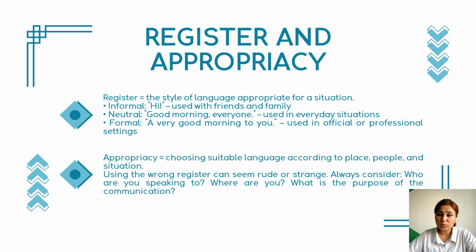Appropriacy is choosing suitable language according to the place, people, and situation. Using the wrong register can seem rude or strange. Always consider who you are speaking to, where you are, and what the purpose of communication is. As I have mentioned, we cannot say "Hi" to our teacher; instead we use the formal version, "A very good morning to you."